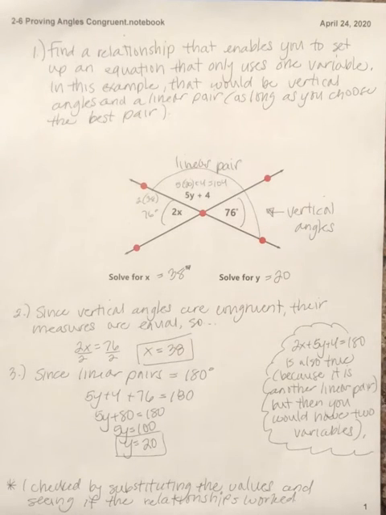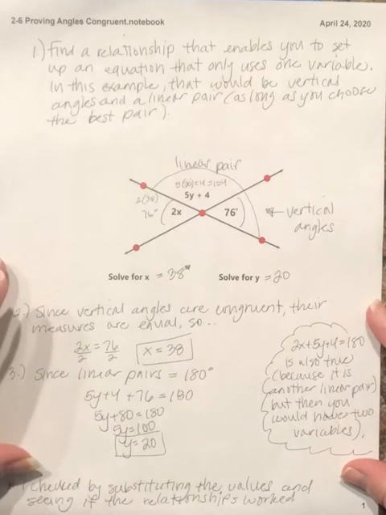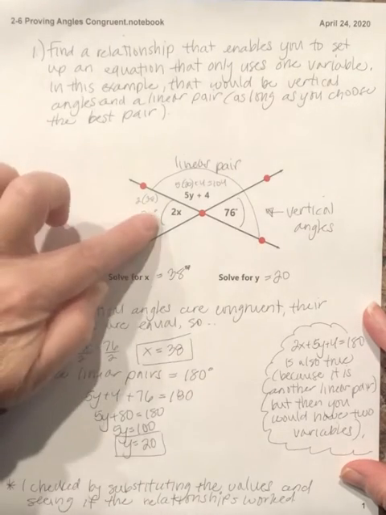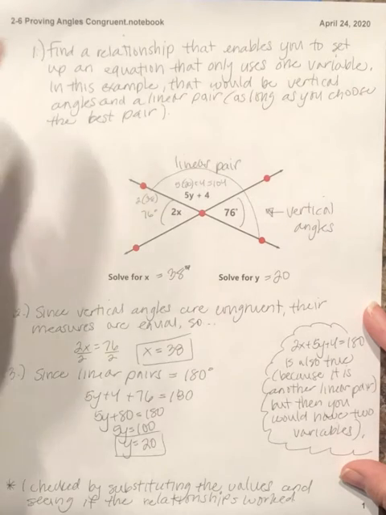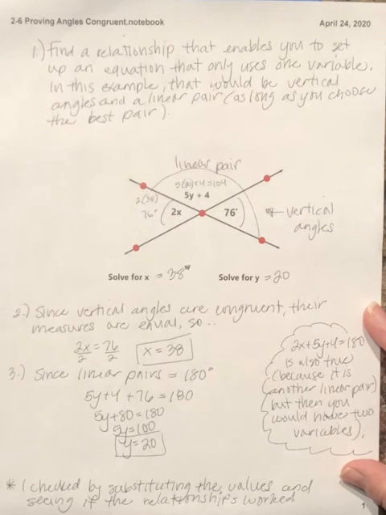So here I have this figure that I was given, just two intersecting lines marked. This angle is 2x, this angle is marked as 5y plus 4, and this angle is marked as 76 degrees. So what I have to do first is find some kind of a relationship because it's all about setting up an equation if I have to solve for a variable.